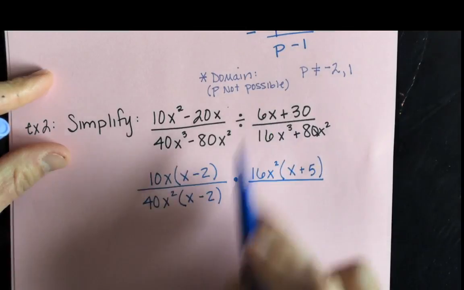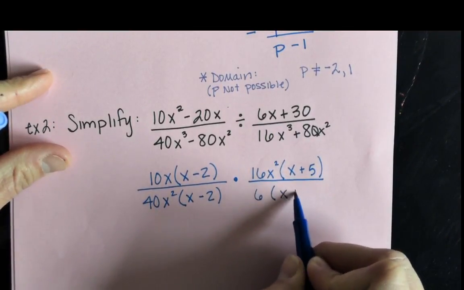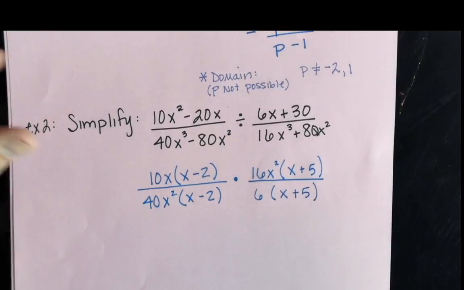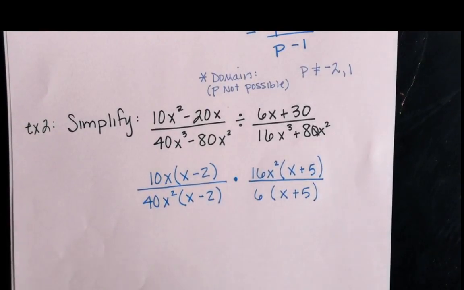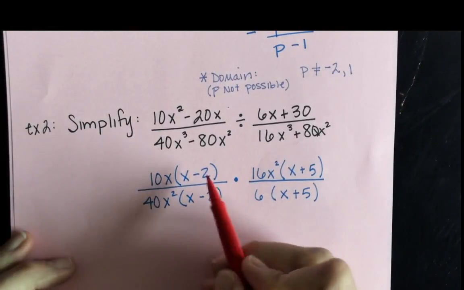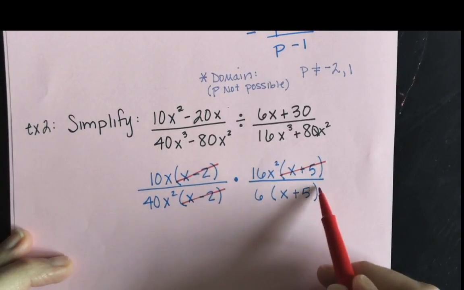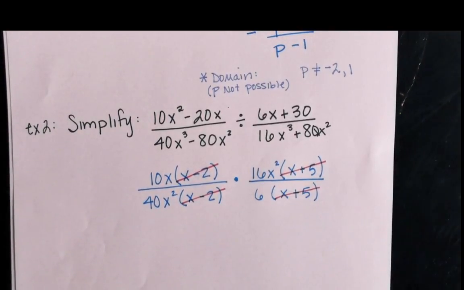And then on the bottom, we're going to factor out a 6, and that leaves us with an x plus 5. So what's nice about this is top to bottom in both fractions, we have x minus 2's that are going to cancel. Top to bottom here the x plus 5's are going to cancel.